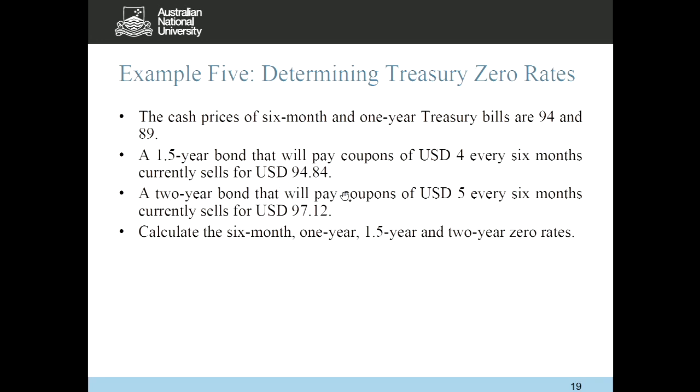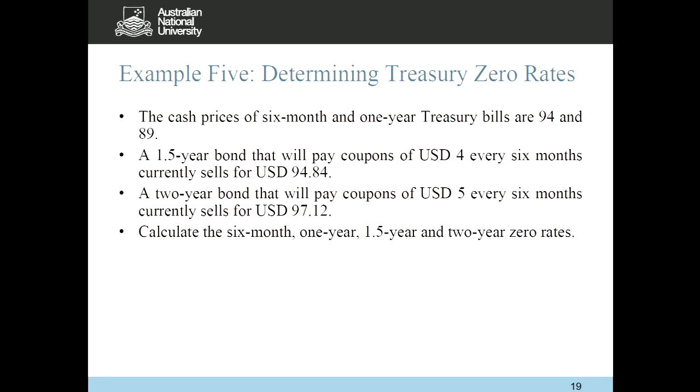And a 2-year bond will pay a coupon of 5 million every 6 months, and is currently selling for 97.12. So calculate the 6-month, 1-year, 1.5-year, and 2-year zero rates. A lot of the rates that we observe in the market are in fact not zero interest rates.